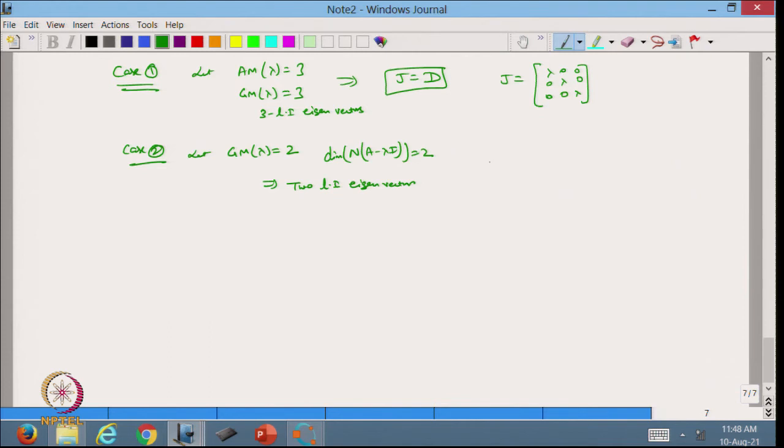So, in this case, I have lambda, lambda, lambda, so it will be 3. Now, I have only 2 linearly independent eigenvectors, so my Jordan block matrix will be of this type.